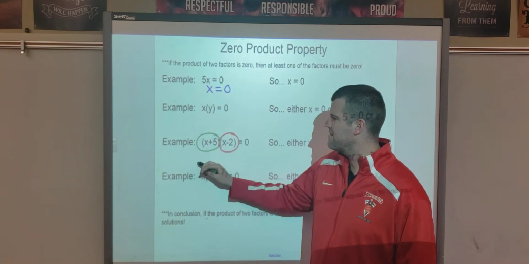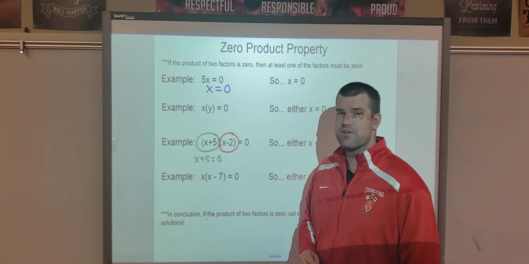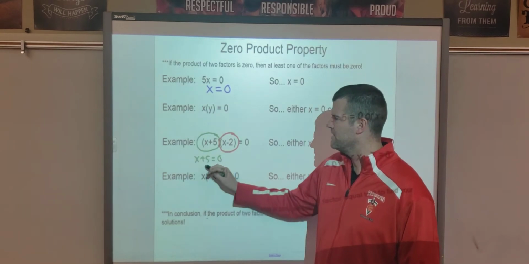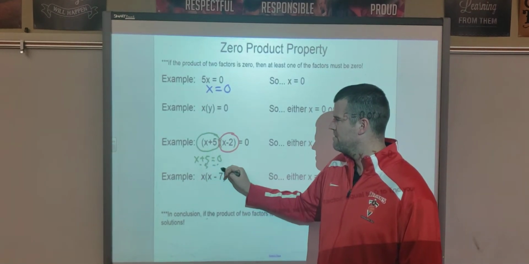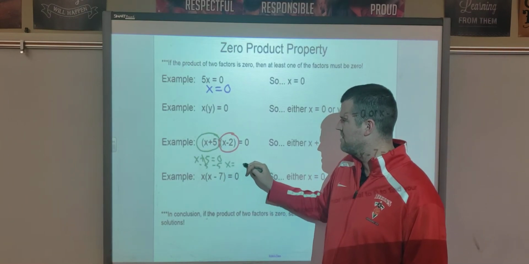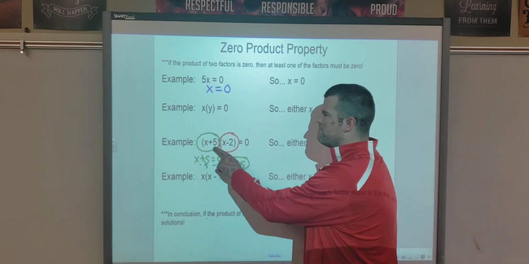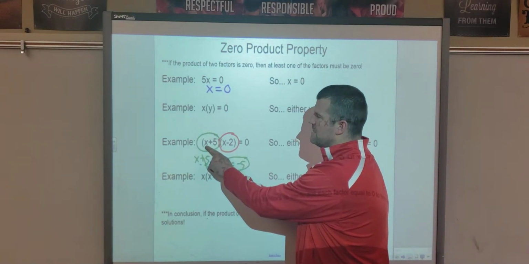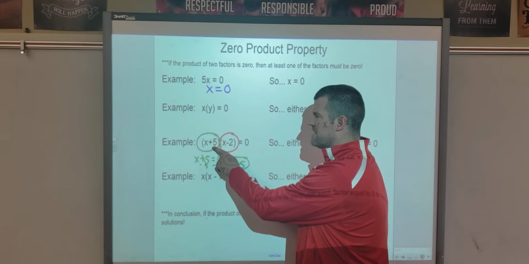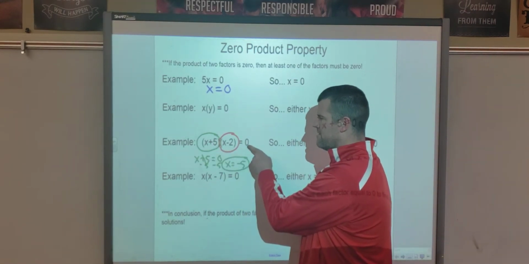So the way that I would solve this to find which x values to plug in is I take this x plus 5 and I literally set it equal to 0, and then I solve it. If we subtract 5 from both sides, x equals negative 5. If I plug negative 5 back into this binomial, negative 5 plus 5 is 0, and 0 times anything gives me 0.